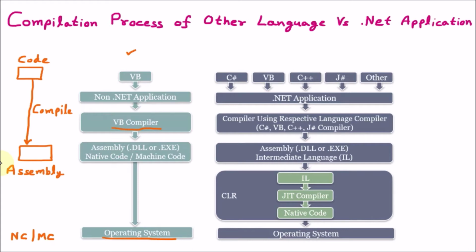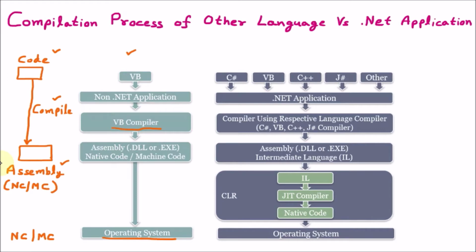Whenever we create the code and compile it, it is converted to assembly. If I talk about a normal programming language, that assembly is nothing but the native code or the machine code. So I can simply say that whenever we are working on any language and compiling, our code is converted to the machine code.